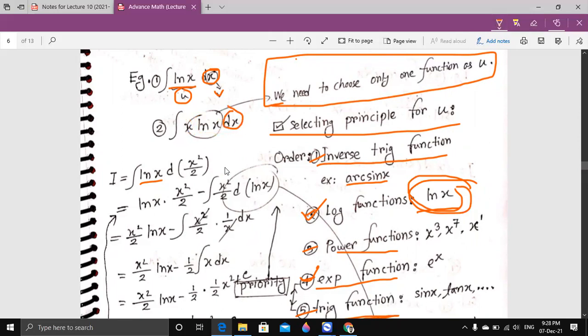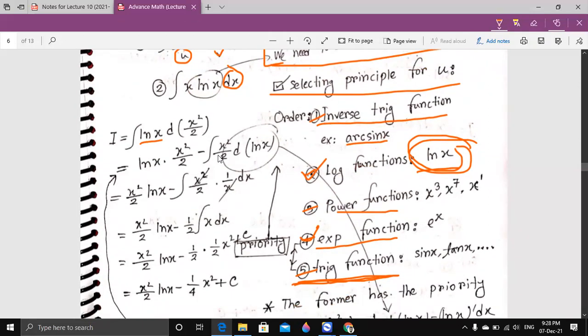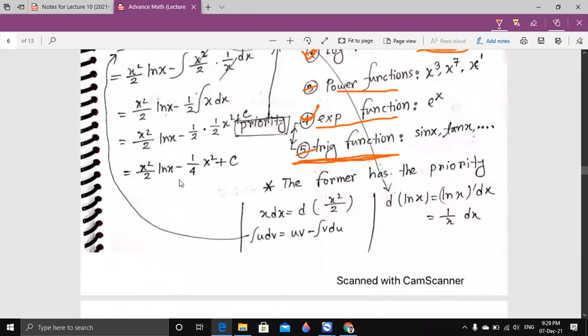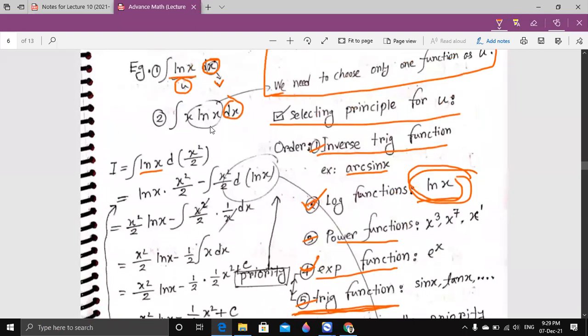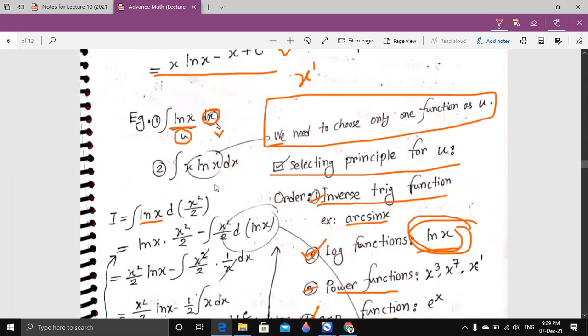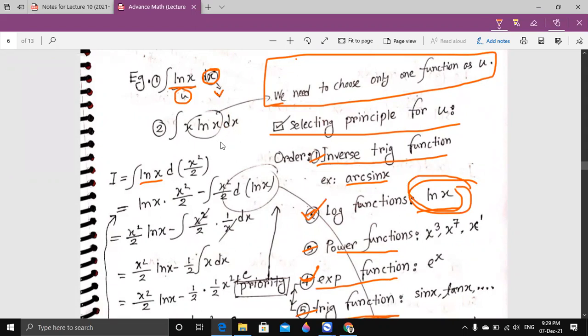dx. If I break down this dx, it looks like dv, right? So dv will be x dx.